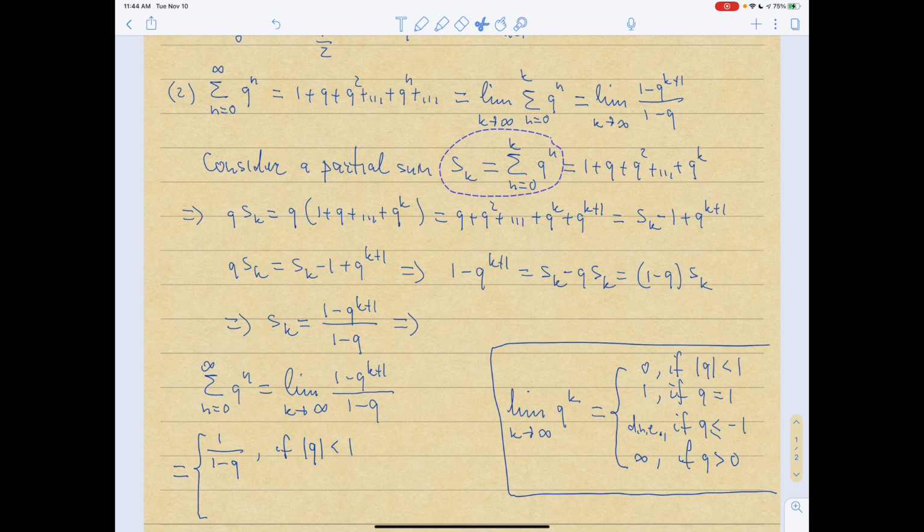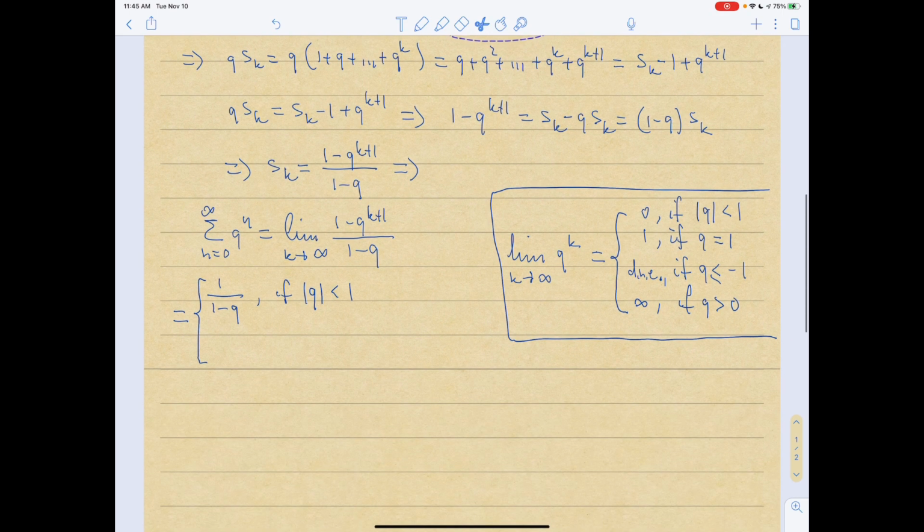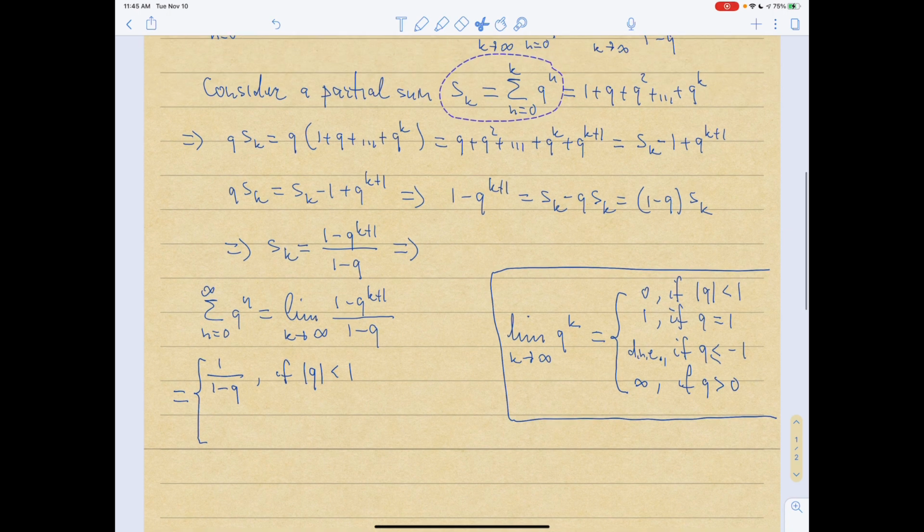Sk is a sum from 0 to k of the elements of your series. In this case, q is equal to 1, so all of these terms are going to look like 1, 1, 1, 1, 1, 1. So in that case, Sk is equal to k, right? Because you're adding 1 to itself k times, and the limit of k as k goes to infinity is infinity. So the sum of the series is going to be infinity if q is equal to 1.